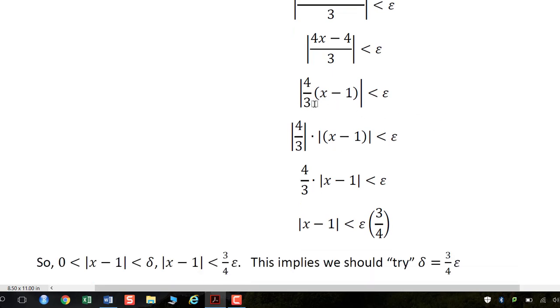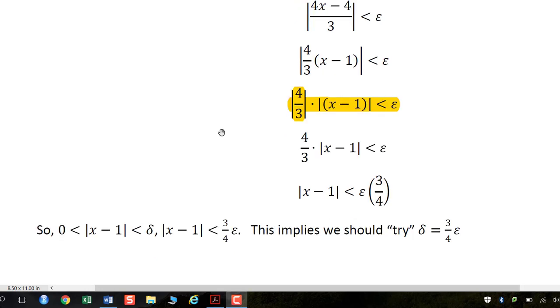Since 4 over 3 is always positive, I wrote that as an absolute value. 4 over 3 absolute value times the absolute value of x minus 1. That's still less than epsilon. Since 4 over 3 is always positive, then we can just write that as 4 over 3 times the absolute value of x minus 1, and that's less than epsilon.